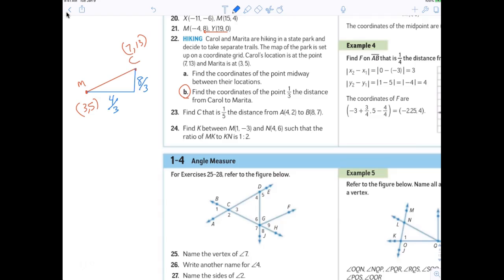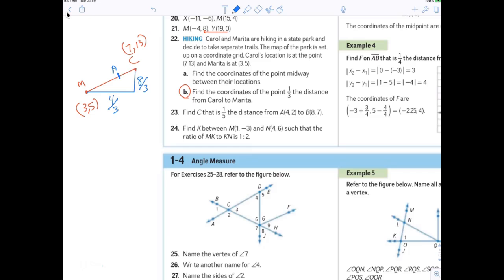I'm moving from C. That distance, this point right here, let's just call it A, AC is going to be 1/3 the distance from M to C or C to M. Does everybody agree with that?